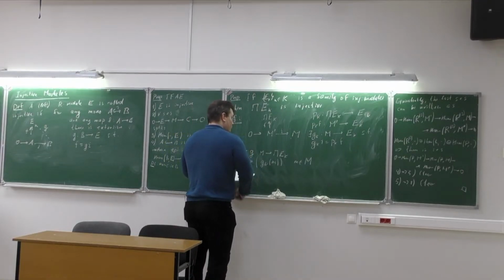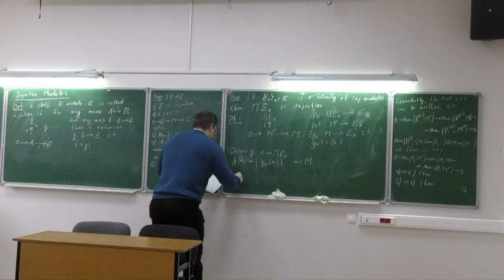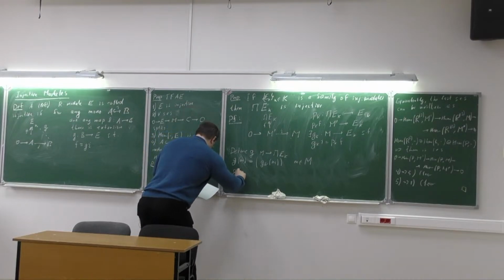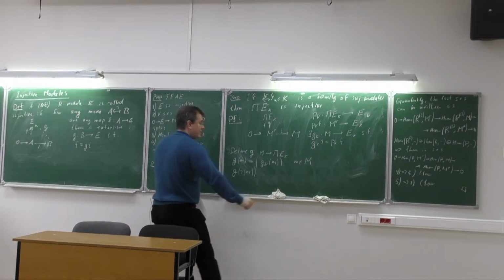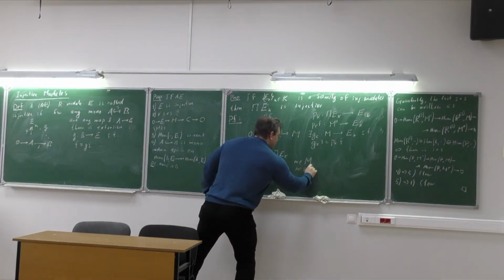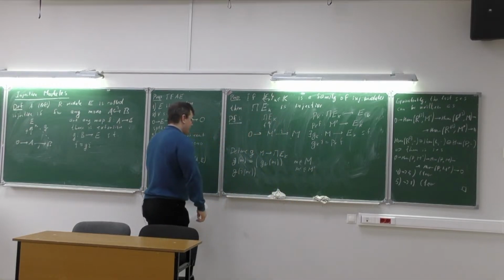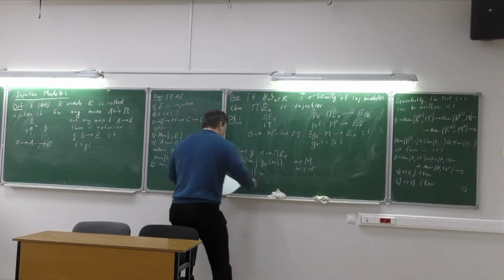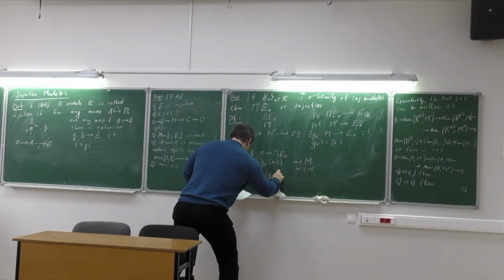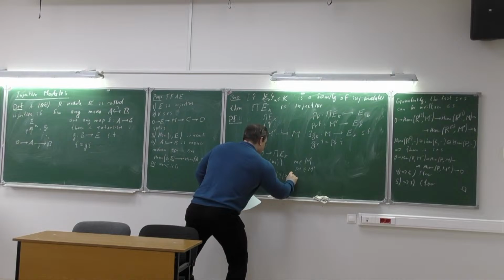Okay, and now we need to check that the condition is satisfied. So what if I look at the composition of g and I applied to some m prime, where m prime is an element in M prime. Then by definition, this is just g_k I of m prime.